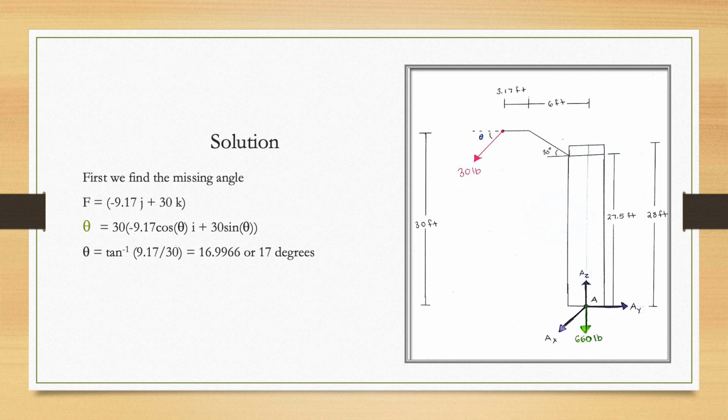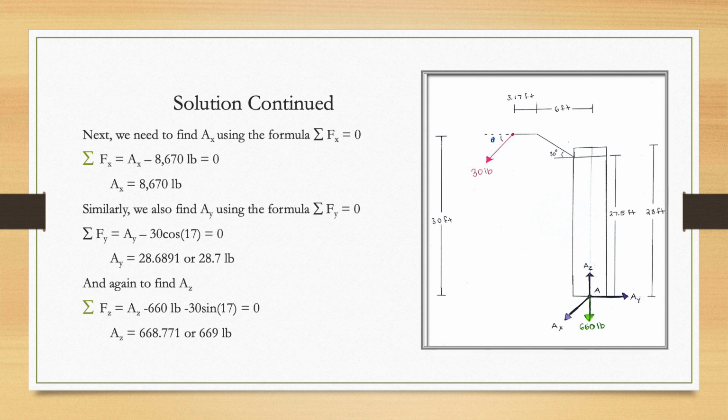And then adding the 30 feet, so 30 on the z-axis. And doing my calculations, I found that arctan of 9.17 over 30 equals 17 degrees. So 17 degrees will give the maximum moment.